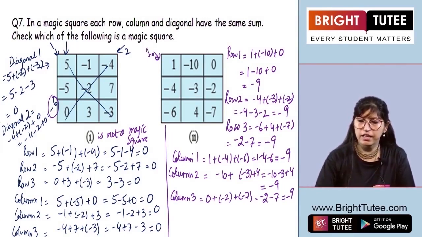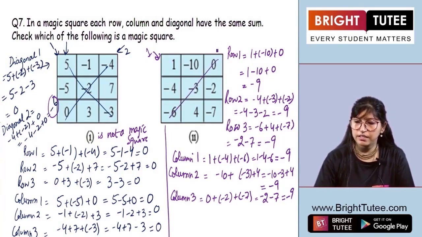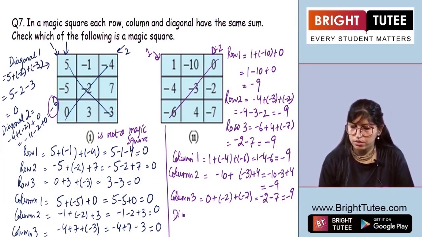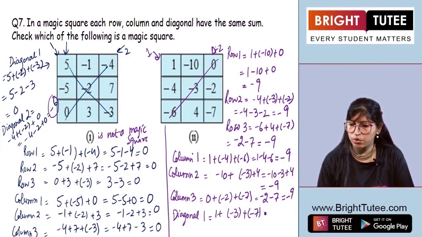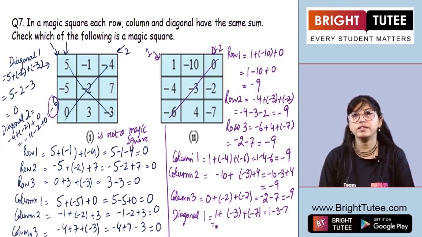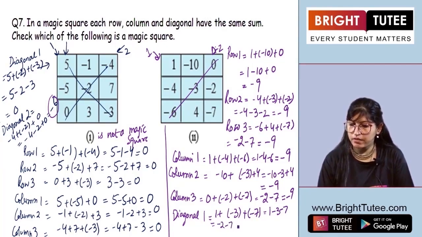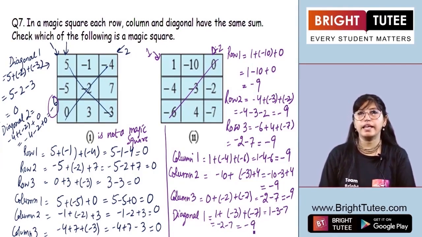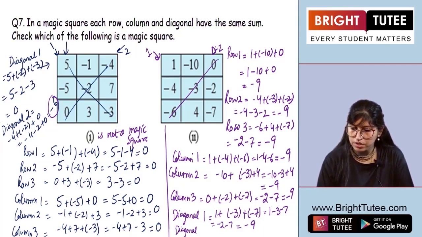If I take this as diagonal 1 and this as diagonal 2, so diagonal 1 says 1 plus minus 3 plus minus 7. So 1 minus 3 minus 7. 1 minus 3 is minus 2. Minus 7 is minus 9. Let's come to the final one, diagonal 2.